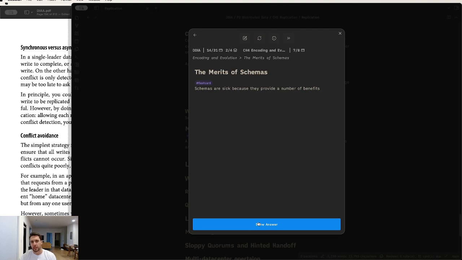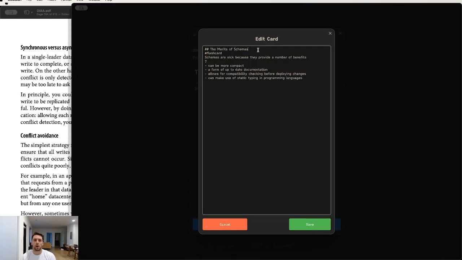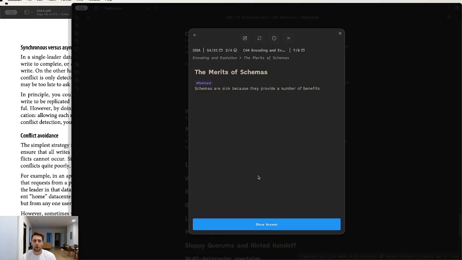The merits of schemas. Schemas are sick because they provide a number of benefits.